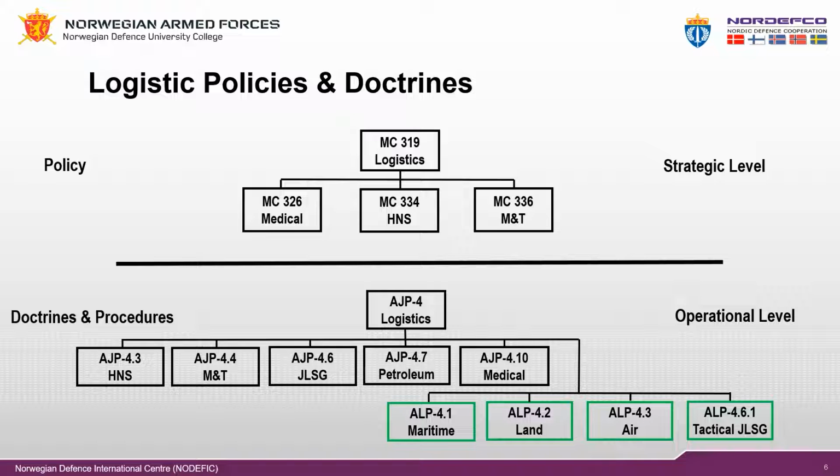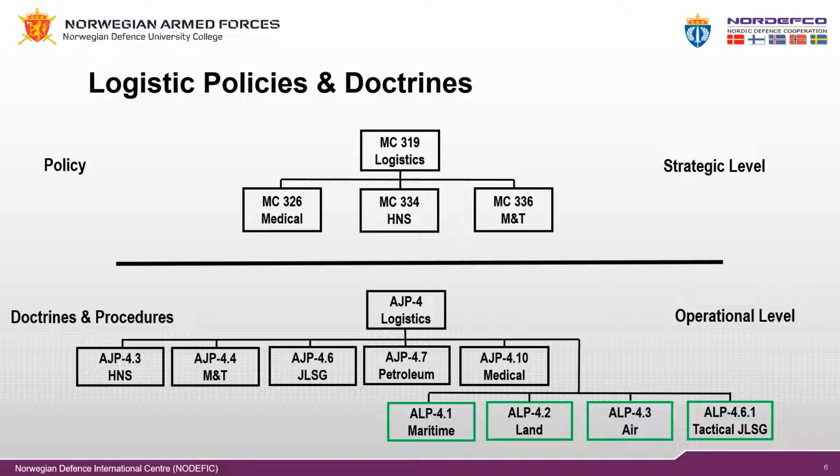The Allied Joint Publication 4-10 Medical will change to Allied Joint Publication 4-2. The Allied Joint Publication 4-6 Joint Logistic Support Group and the Allied Joint Publication 4-6 Petroleum will be a part of the new Allied Joint Publication 4-1 Logistic, and then those two will of course be deleted.